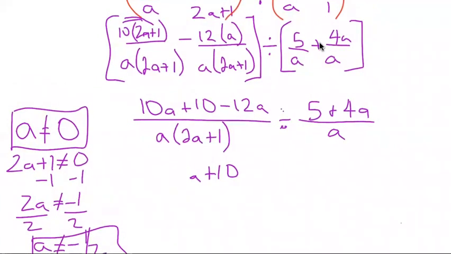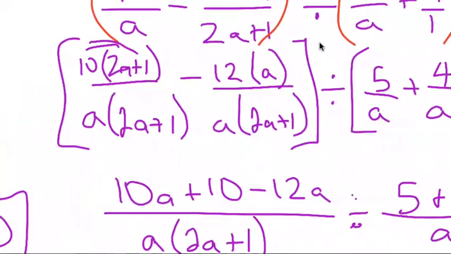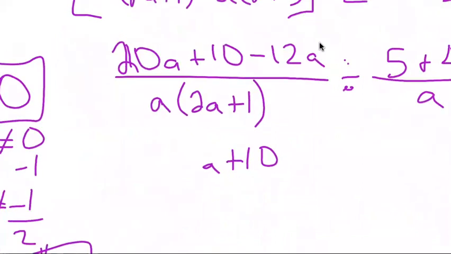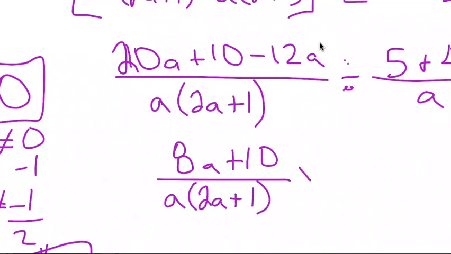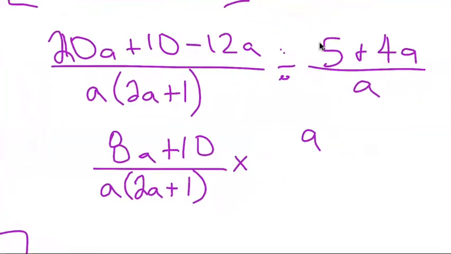That's not -2, because this should be 20. 2 times 10 is 20. So this is 8a all over a bracket 2a plus 1, times a over 5 plus 4a. But that's backwards. I don't like that, so I'm just going to rewrite that the right way around. Okay, so 4a plus 5.